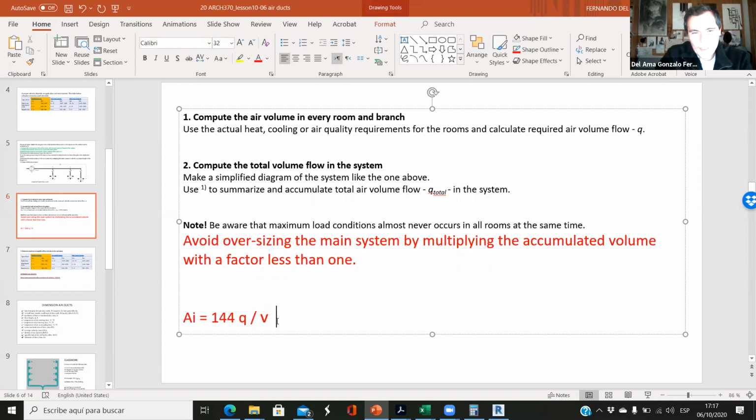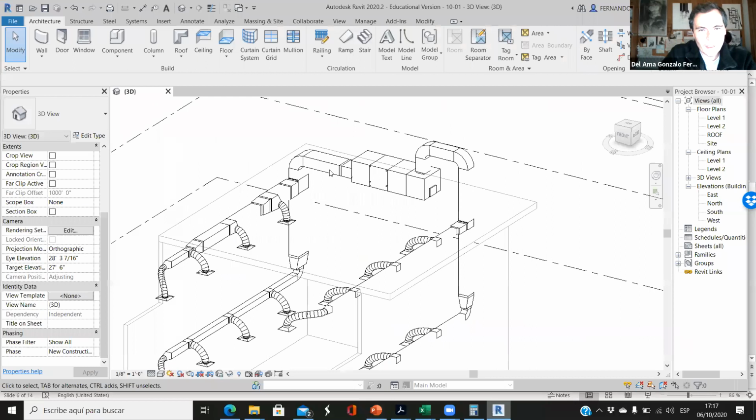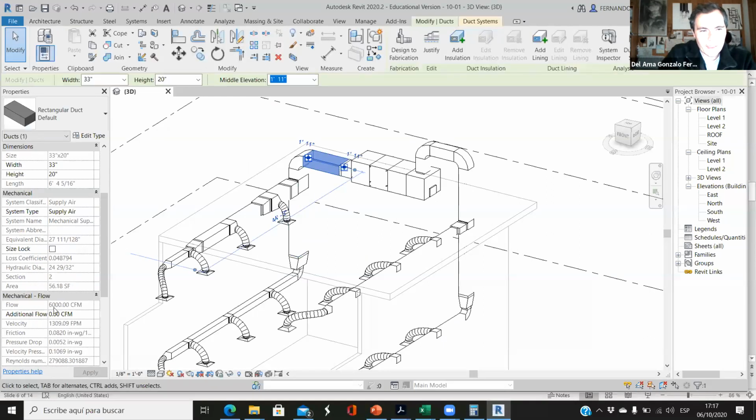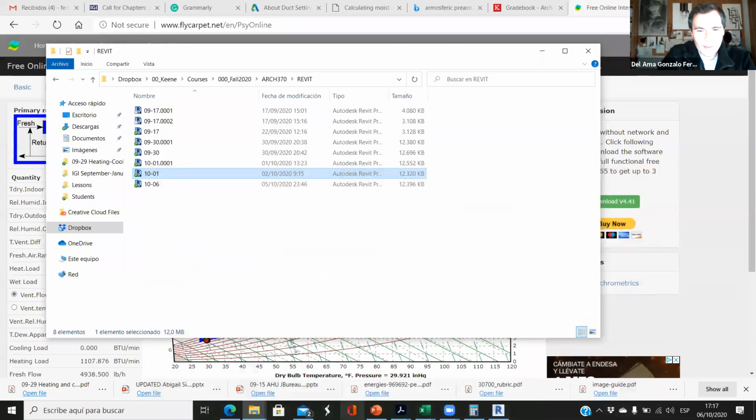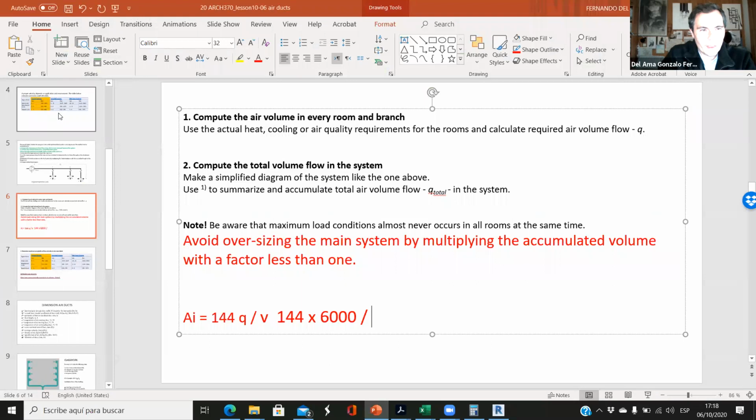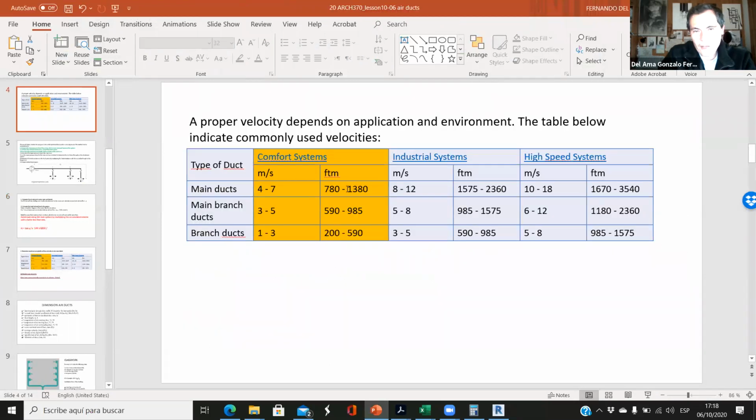Okay, so we know that the airflow is 144 times what is the CFM here? The total CFM, it's 6,000. And we have to divide this by the speed or the velocity. And what is the velocity on this main branch? It should be around 1,200.